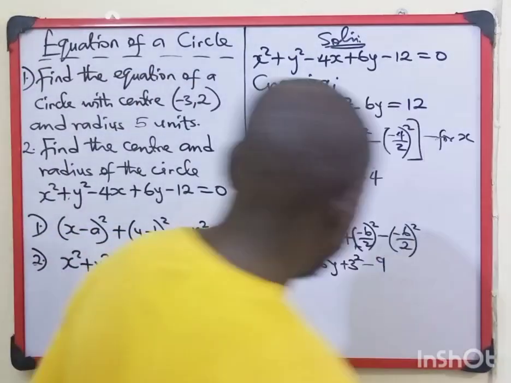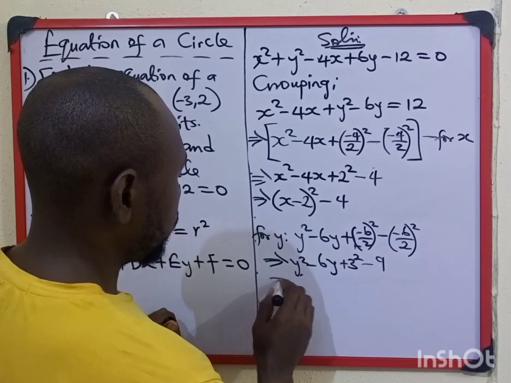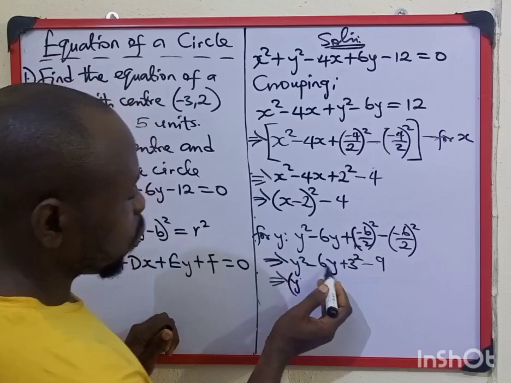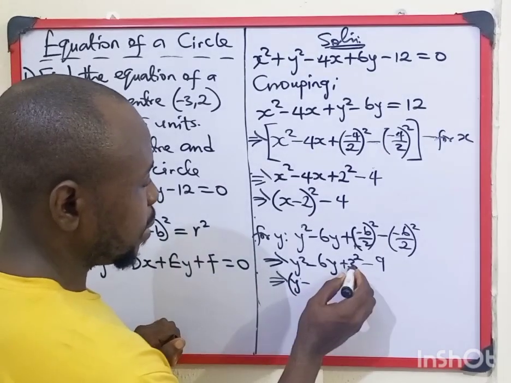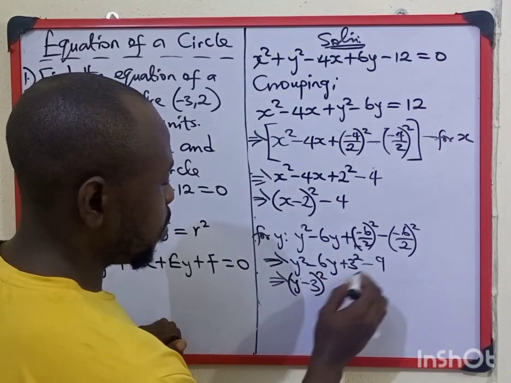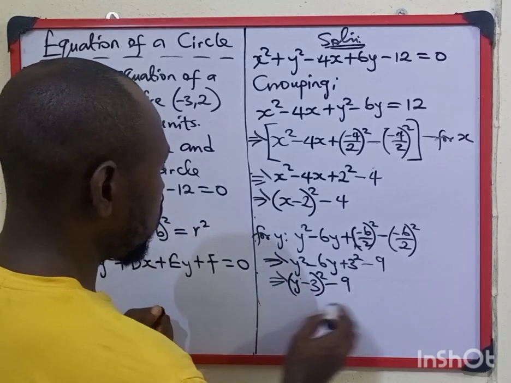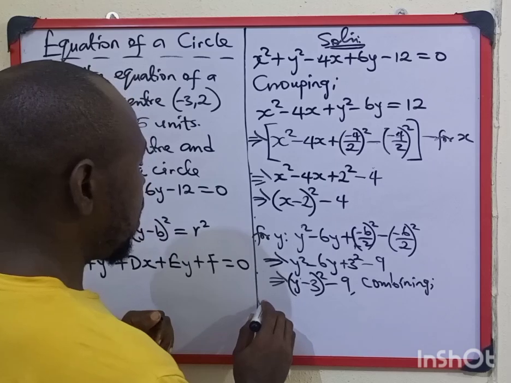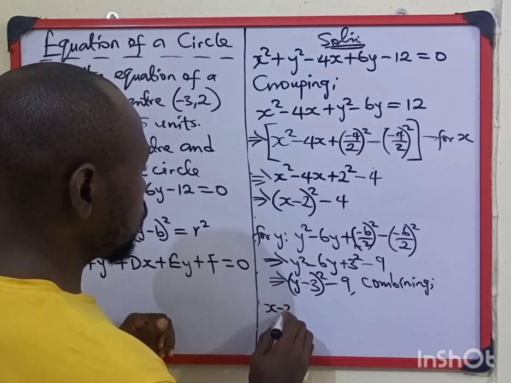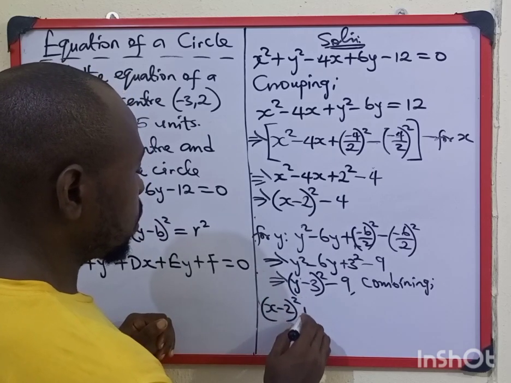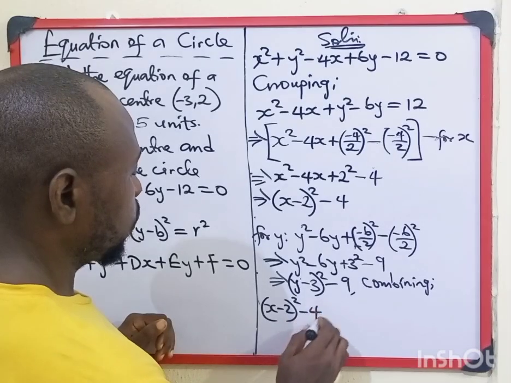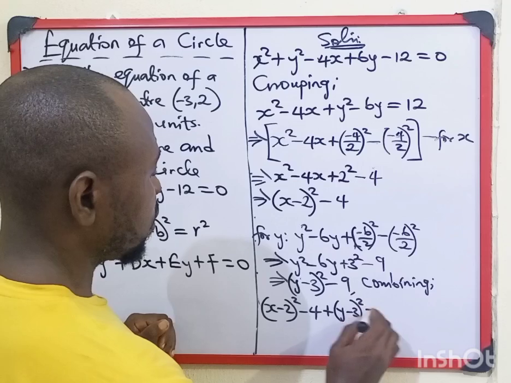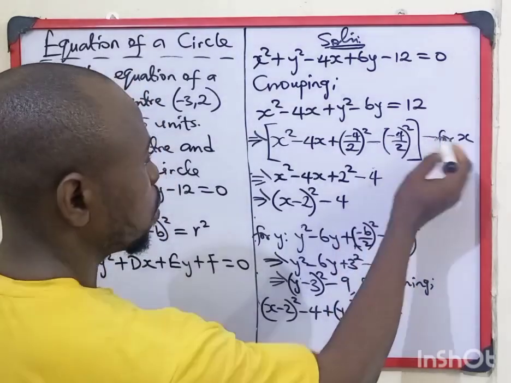For y, I'll have bracket y, because the coefficient of y is carrying minus, I put minus, then 3 all squared, then minus this 9. So this is for y. Now combining, I will have x minus 2 all squared, minus 4, plus y minus 3 all squared, minus 9, all of this equal to 12.